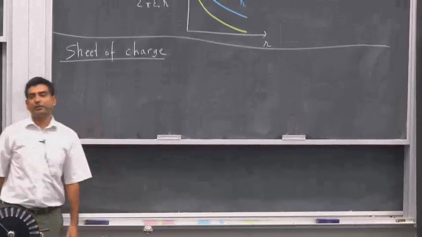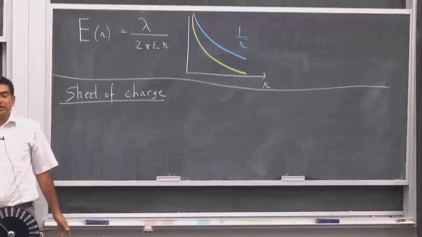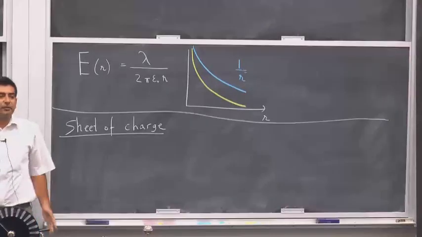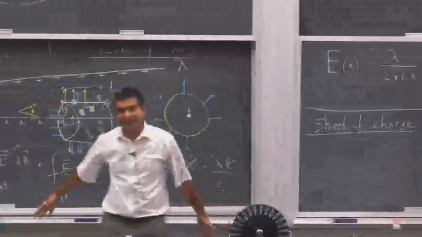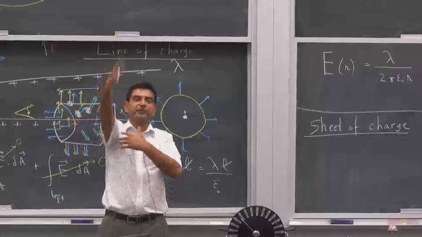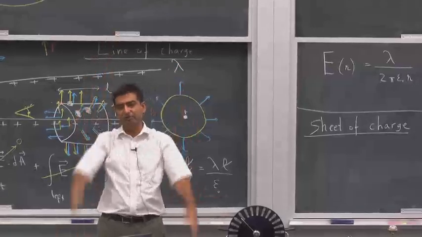Now suppose this line was one-dimensional. Now suppose I have a sheet which is two-dimensional and it's infinite in size. It's a flat land. It's a big flat sheet which is very large.